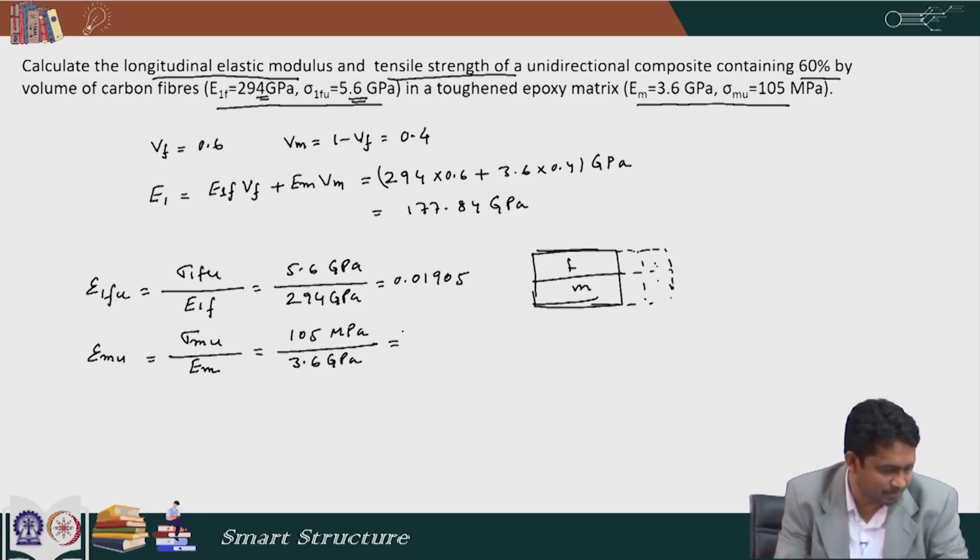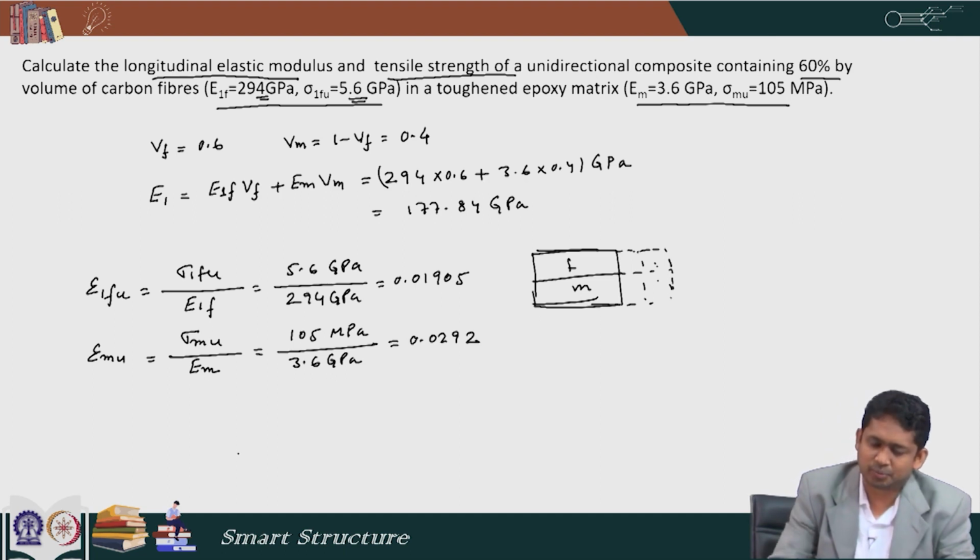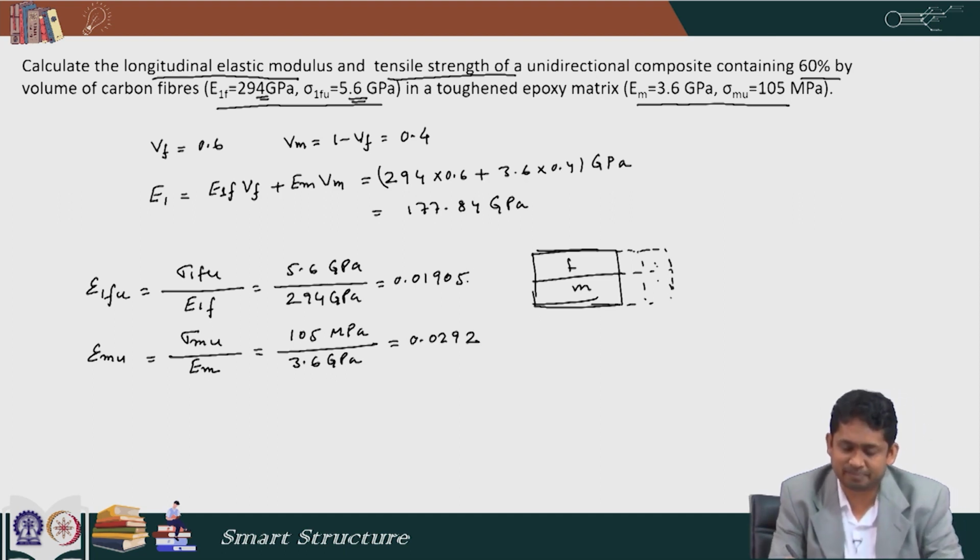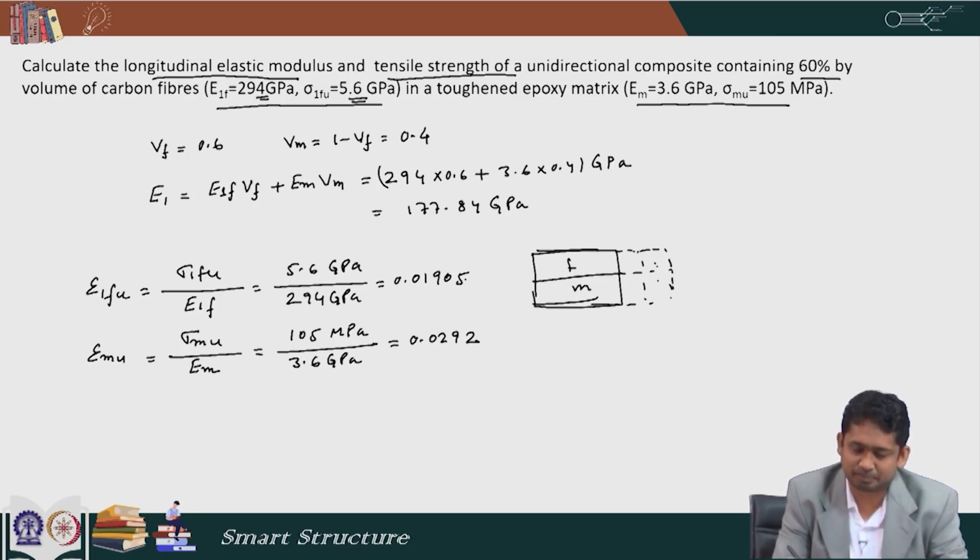So, if we divide it, the value that we get is 0.0292. So, we can see that the fiber material reaches its ultimate strain first. If we keep loading it, the fiber would fail first. So, during failure the strain in the fiber would be 0.01905, and the strain in the matrix would also be 0.01905.